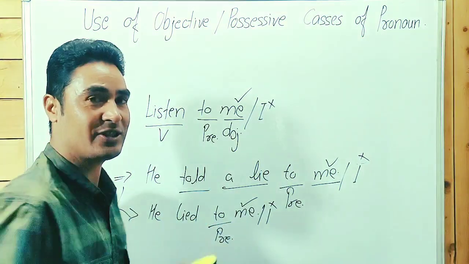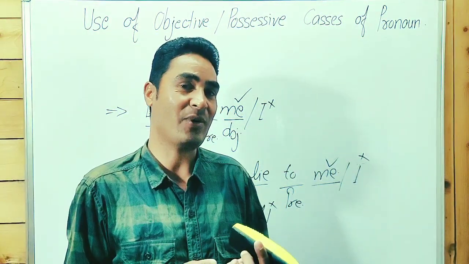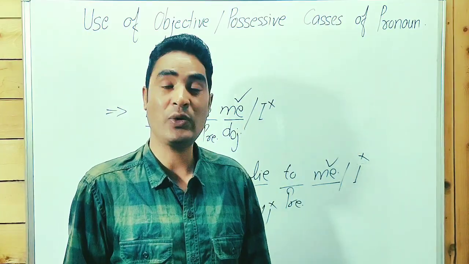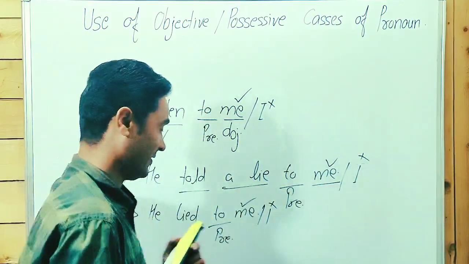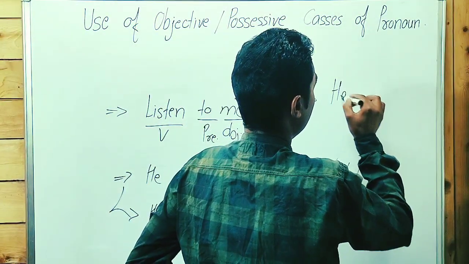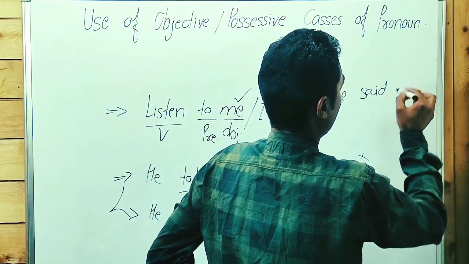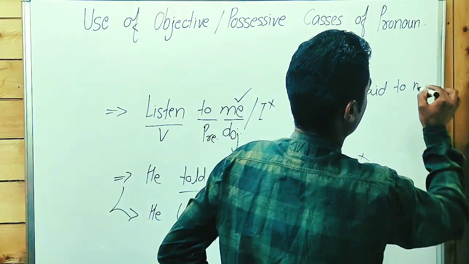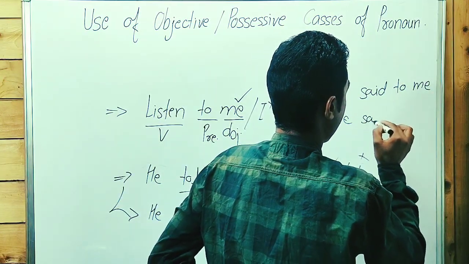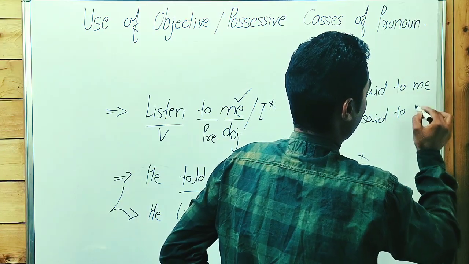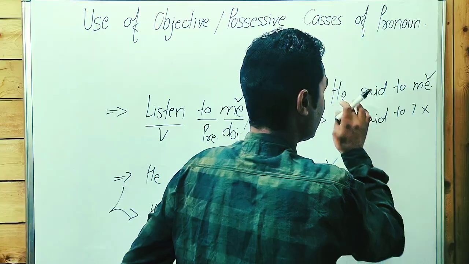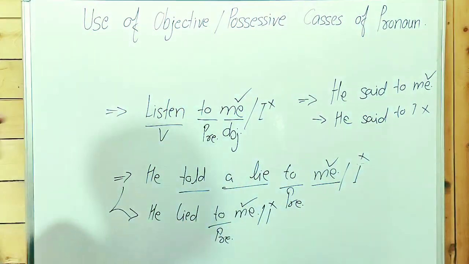After a preposition we use the objective case of the personal pronoun. He said to me, we don't say "he said to I". I'm so sorry, I'm writing over here. He said to me is the correct sentence, he said to I is an incorrect sentence.